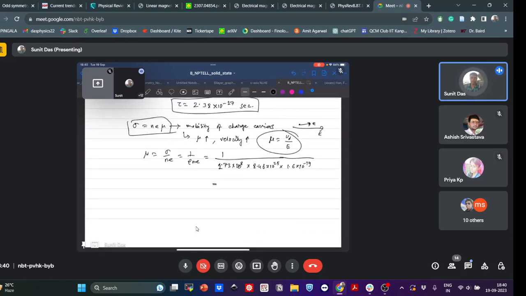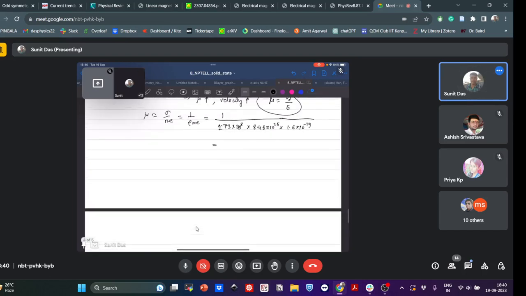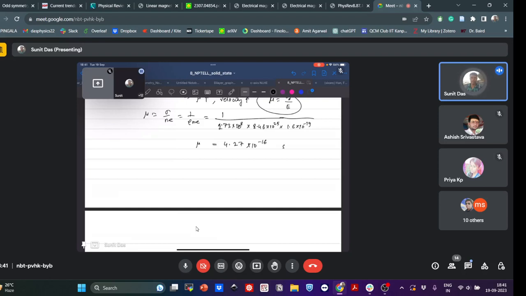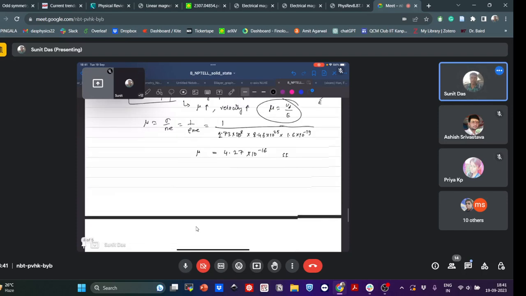If we find the answer, it will be around 4.27 into 10 to the power minus 16 in SI unit. So this is the mobility part.